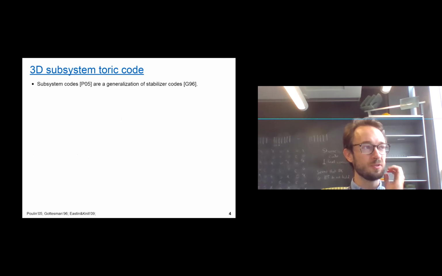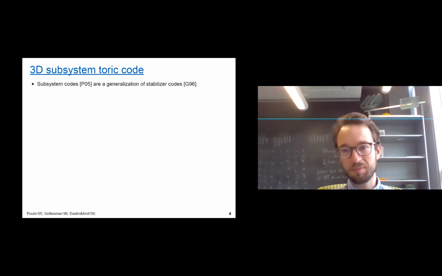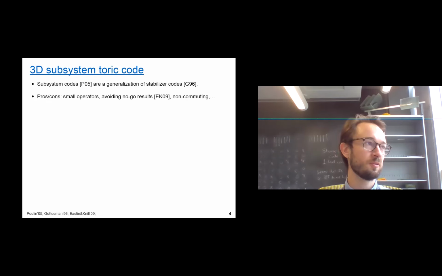Okay, so just to review some stuff, subsystem codes, probably people are familiar with, but I'll just go over it again just to make sure. A subsystem code is a generalization of a stabilizer code. One way of thinking about it is you have some stabilizer code, and you say that some of the logical qubits you're not going to care about encoding information with, and you denote them as gauge qubits.